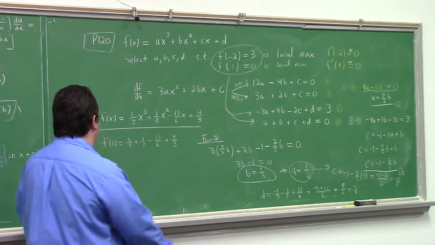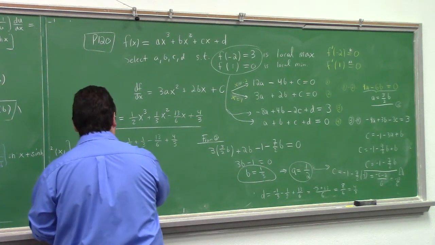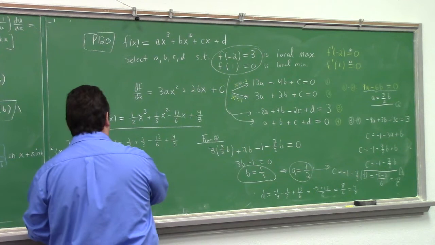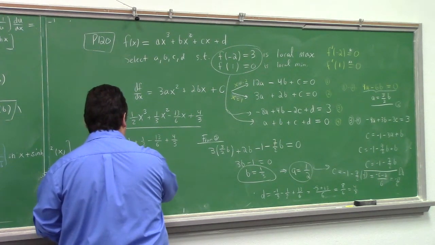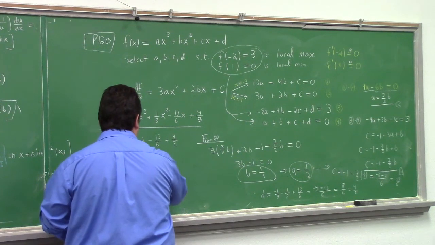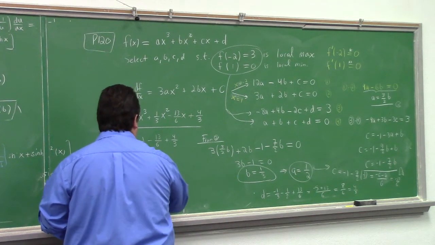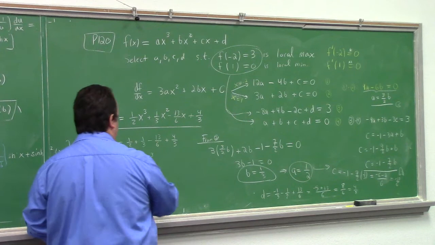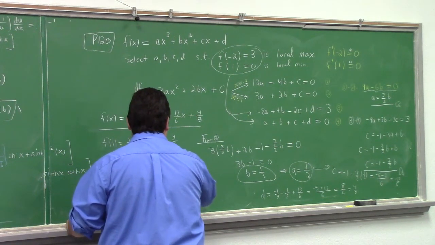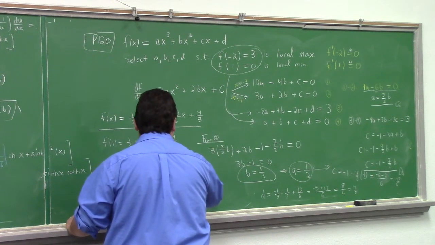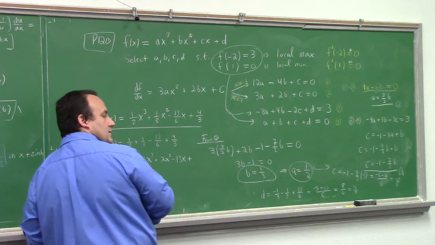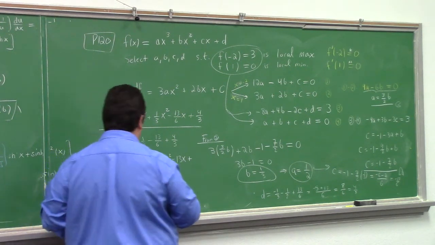What's the derivative? Actually, let me do something a little bit sneaky here. F of x is what? Factor out a sixth. What is it? It's 3x cubed, right? Plus 2x squared minus 13x plus 8.